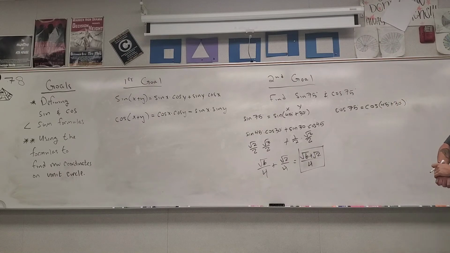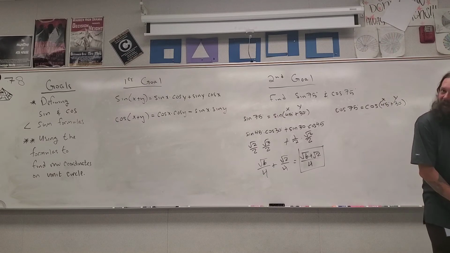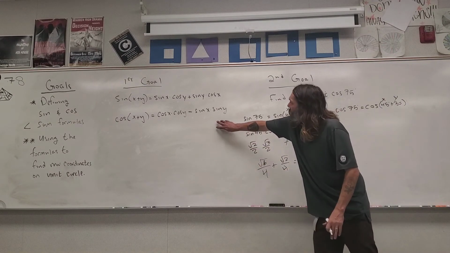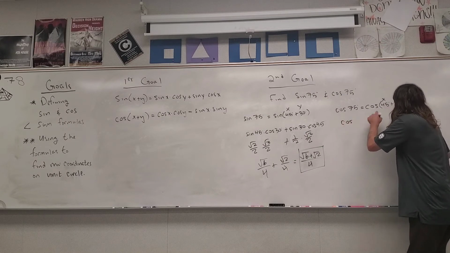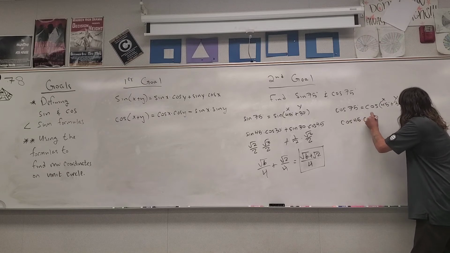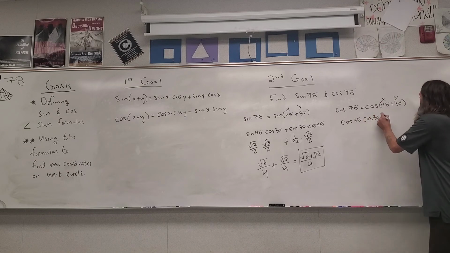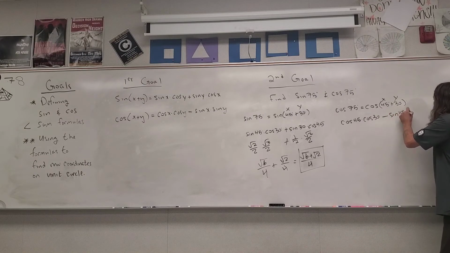There we go. I'll label this as my x, and that as my y, so that I can keep track using my formula. So it's cosine of 45 times the cosine of 30 minus the sine of 45 times the sine of 30.